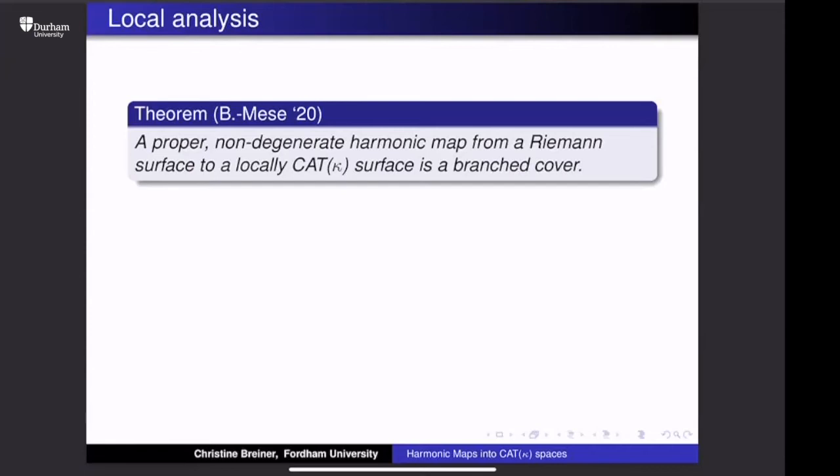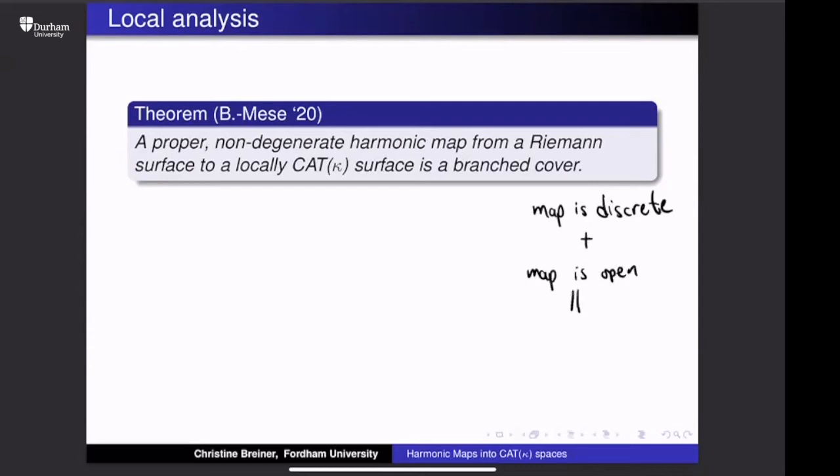So how do we get at having a branched cover? I'm going to point out the things we would need to show to understand that, and then I'll give the finer details. The first thing you need to show is that we get at least a local homeomorphism away from some set. So we need to show first the map is discrete, and then we'll show the map is open.